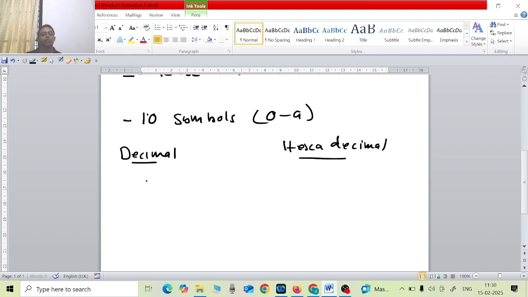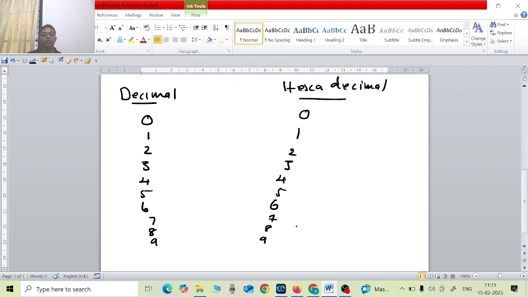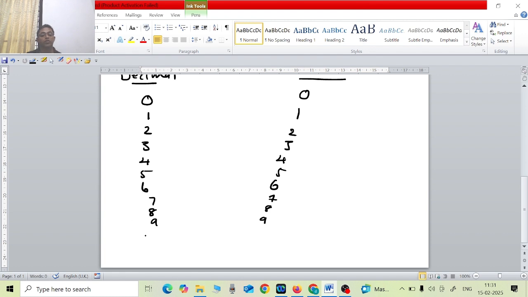So decimal 0 is hexadecimal 0, 1 is 1, 2 is 2, 3 is 3, 4 is 4, 5 is 5, 6 is 6, 7 is 7, 8 is 8, 9 is 9, and from 10 onwards it changes.